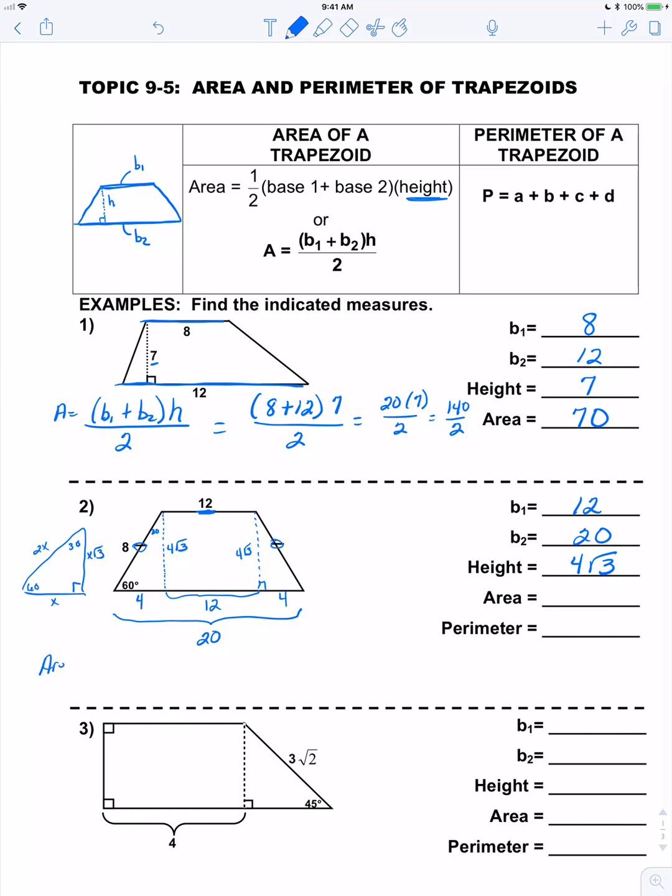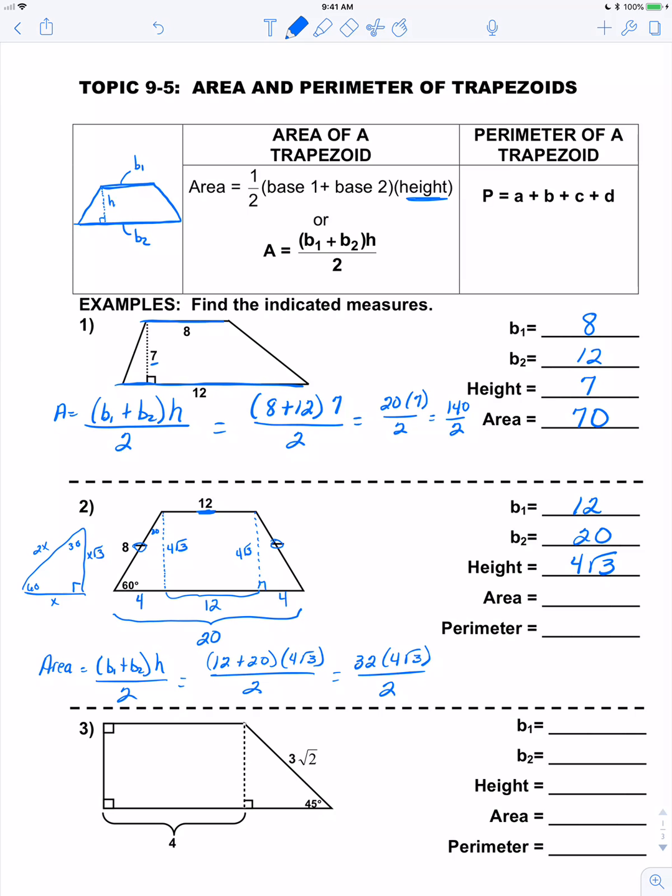Remember, our area is base 1 plus base 2 times height, all divided by 2. So we've got 12 plus 20 times our height, which is 4 square roots of 3, all divided by 2. 12 plus 20, that's 32, times 4 square roots of 3, all divided by 2.